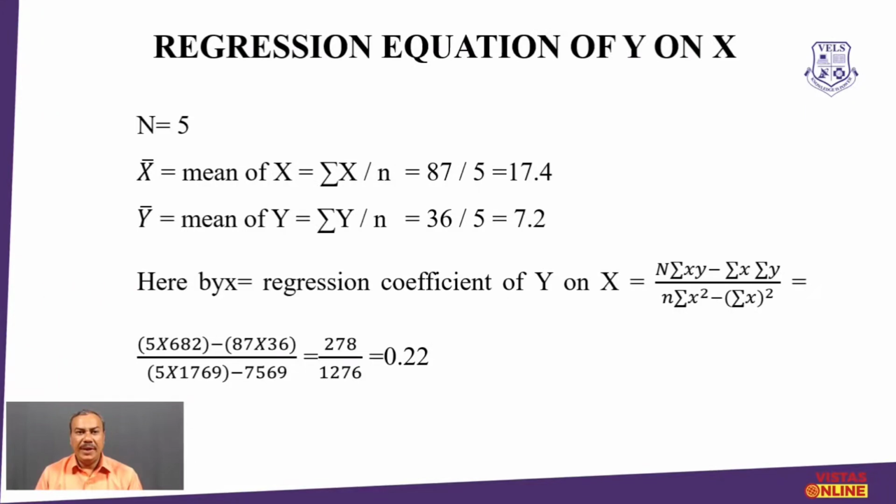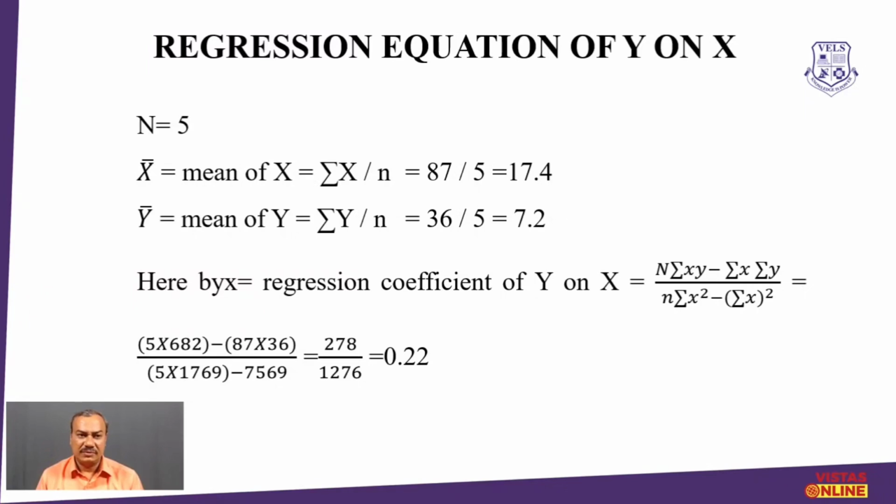And byx is equal to the regression coefficient of y on x. The formula is n into summation xy minus summation x into summation y, whole divided by, in the denominator, n into summation x square minus summation x the whole square. So we substitute all the totals like xy total, x total, y total, x square total and x total the whole square.